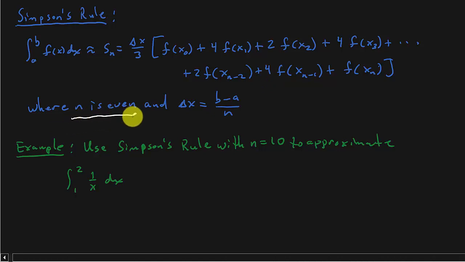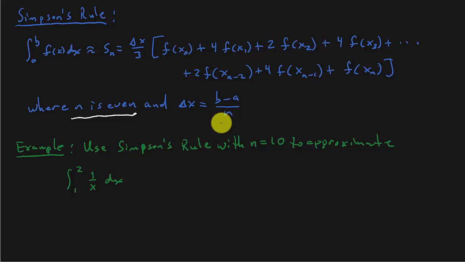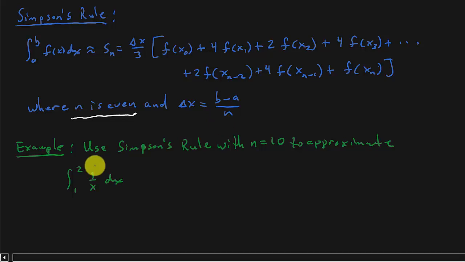So n has to be an even number. And then, of course, delta x is b minus a over n. Okay, so here it says use Simpson's rule with n equals 10 to approximate. So we're going to approximate this again using Simpson's rule.